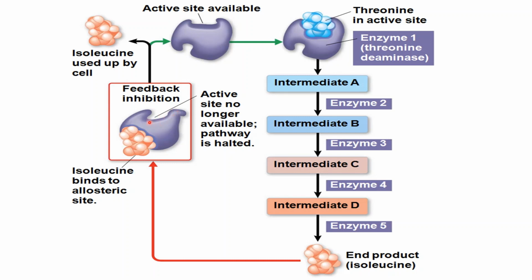You can see this active site is no longer available and this pathway is halted. The binding to the allosteric site is reversible. When the isoleucine concentration is low, threonine deaminase becomes active.